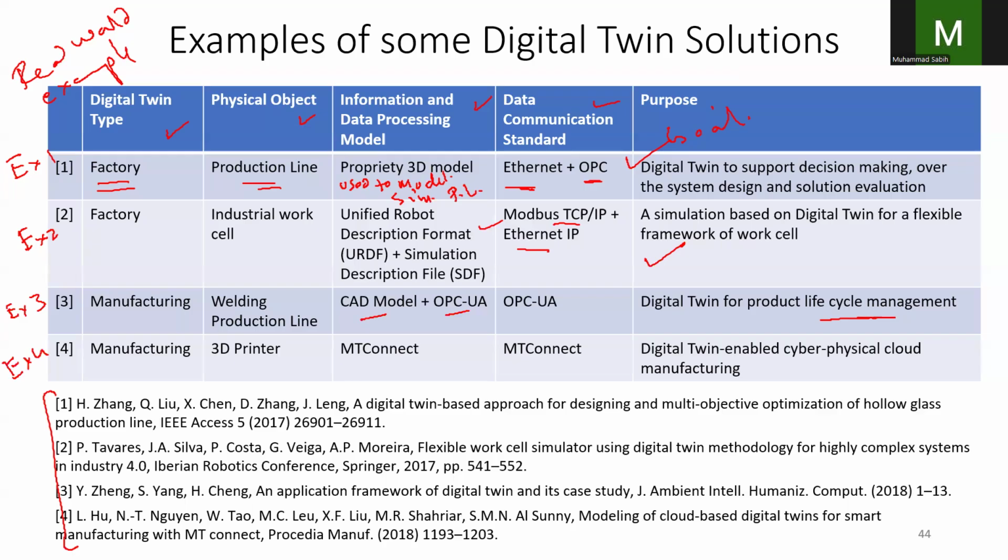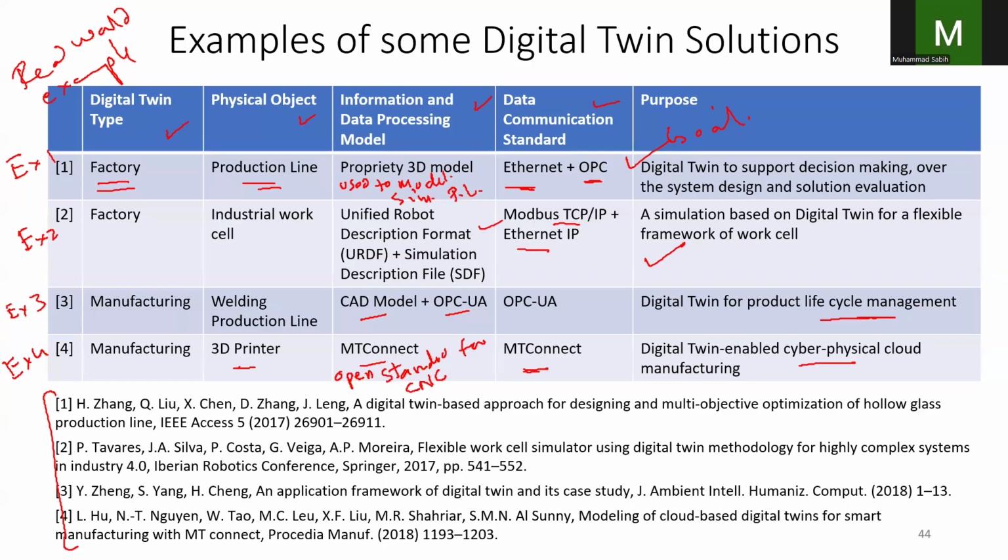Example 4 is about a 3D printer. It uses MTConnect, an open standard for CNC machines and other manufacturing equipment. The focus is on the cloud-based cyber physical manufacturing system, which is ideal for smart factory and IoT integration.